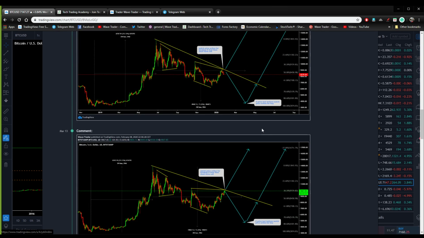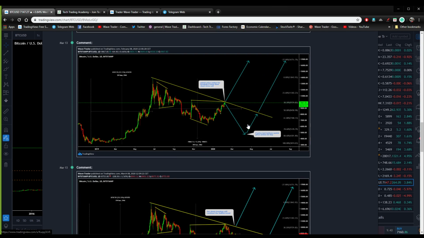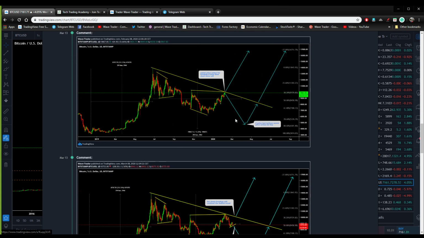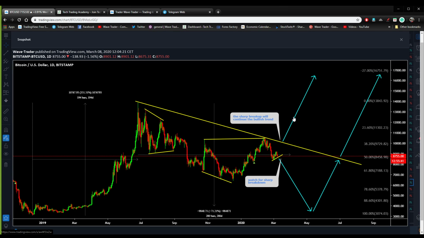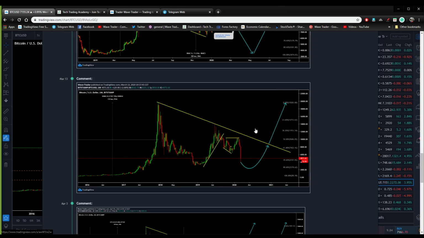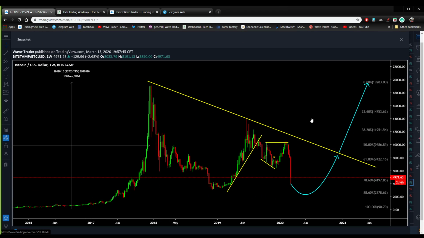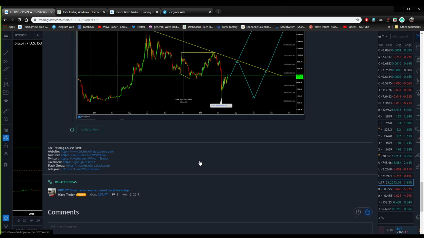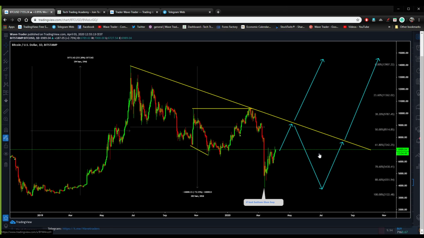It tagged and bounced off, and that's what we were having. It bounced off nicely from the previous low. This is the updated chart.